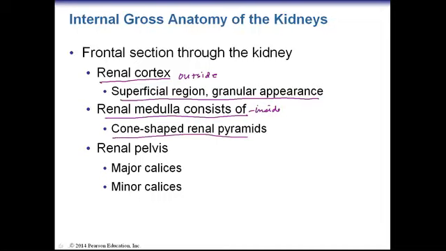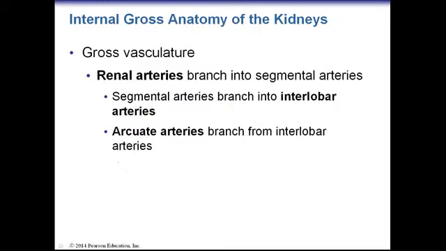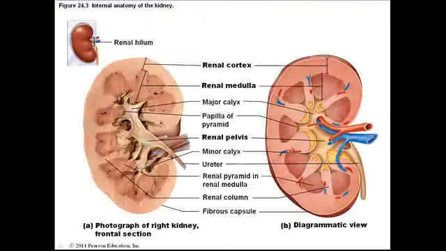Cone-shaped renal pyramids, the renal pelvis, the major and minor calyces. We'll also see the renal arteries and the arcuate arteries. Let's take a look at those. So here's the renal vein, and the renal artery will be deep to that. Here's a ureter coming out.